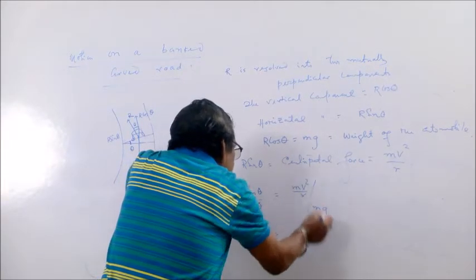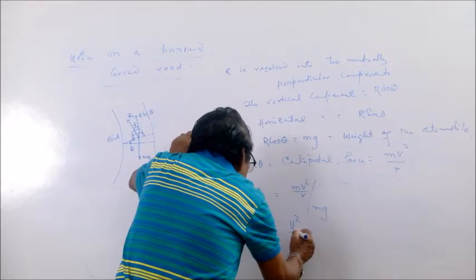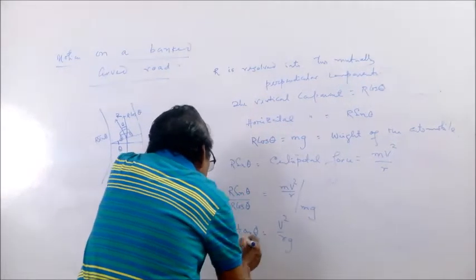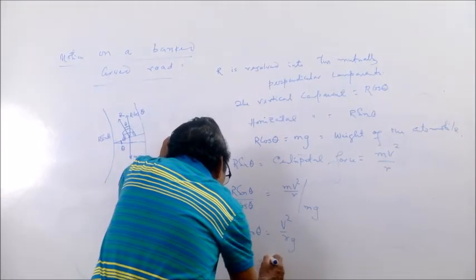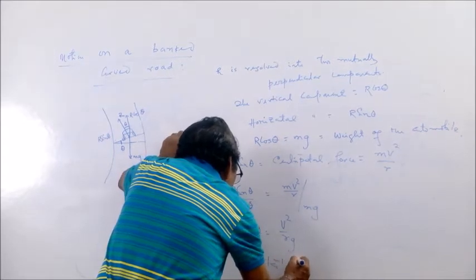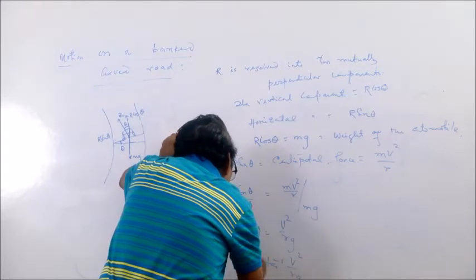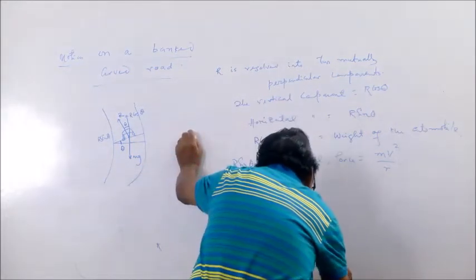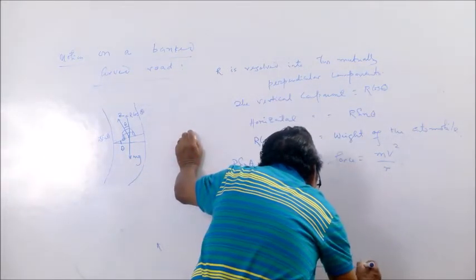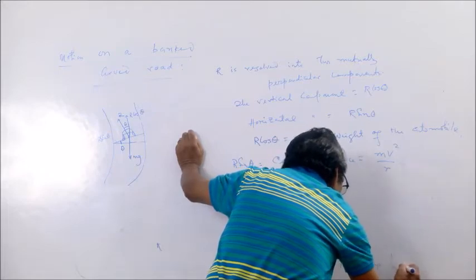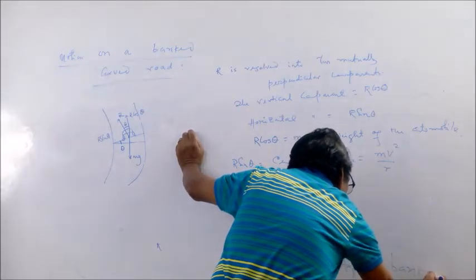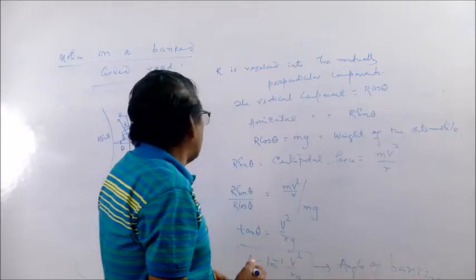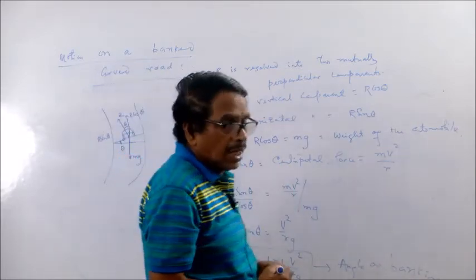R cancels, and tan theta is equal to v square by rg, or theta is equal to tan inverse v square by rg. This is the expression for the angle of banking. The road is banked at this angle. So, theta is equal to tan inverse v square by rg. This is your angle of banking.